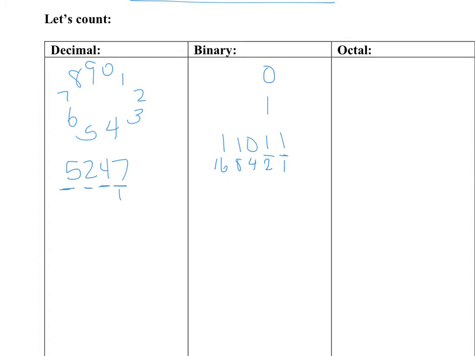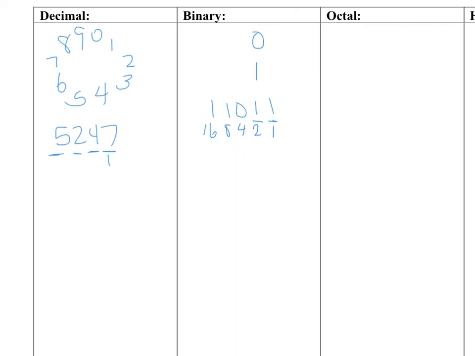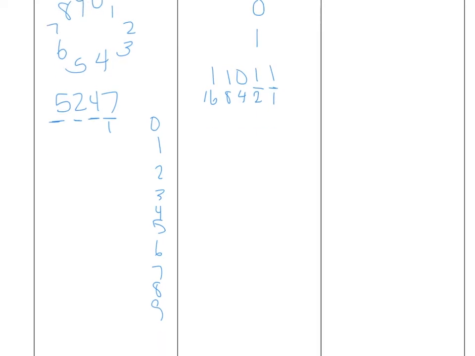Just to give you a basic example, you've seen decimal before. We count 0, 1, 2, 3, 4, 5, 6, 7, 8, 9. Now we've gone around this loop once.